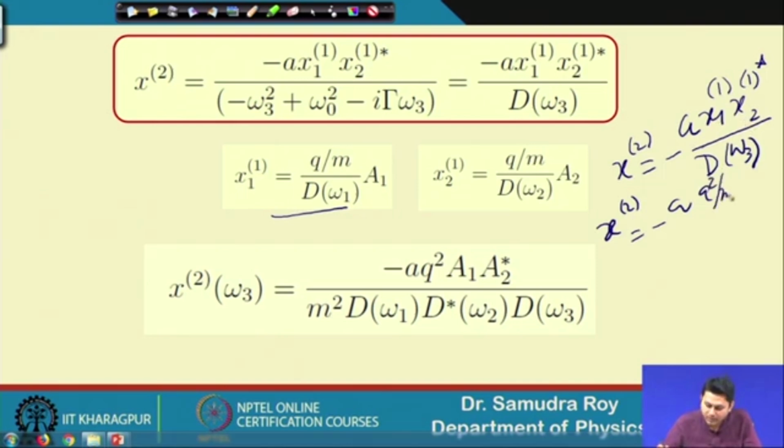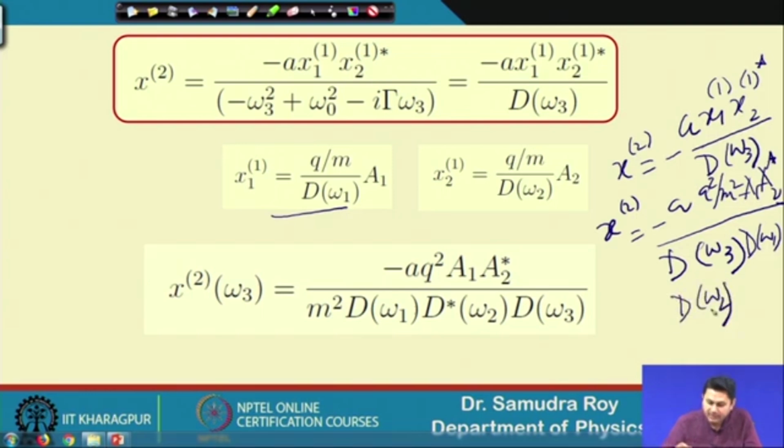So, I should write q square divided by m square, then whole divided by d of omega 1 and d of omega 2, with a 1 and a 2 there, but mind it, x 2 star is there. So, one will be a 1 and another will be a 2 star, then whole divided by d of omega 3 as it is, and from here we have one d of omega 1 and another d of omega 2, but since this is star, we should have a star here.